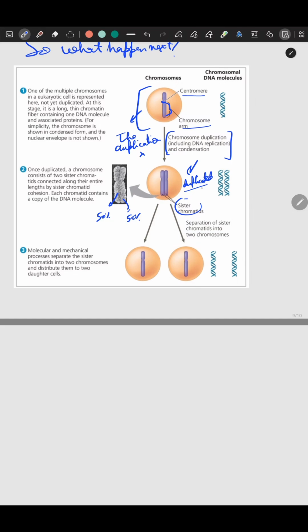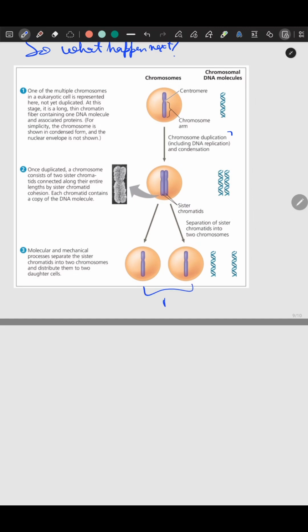Now what happens here, the division took place into two chromosomes. Here we can call it two daughter cells right now, as this process is called mitosis, the overall process from top to bottom.